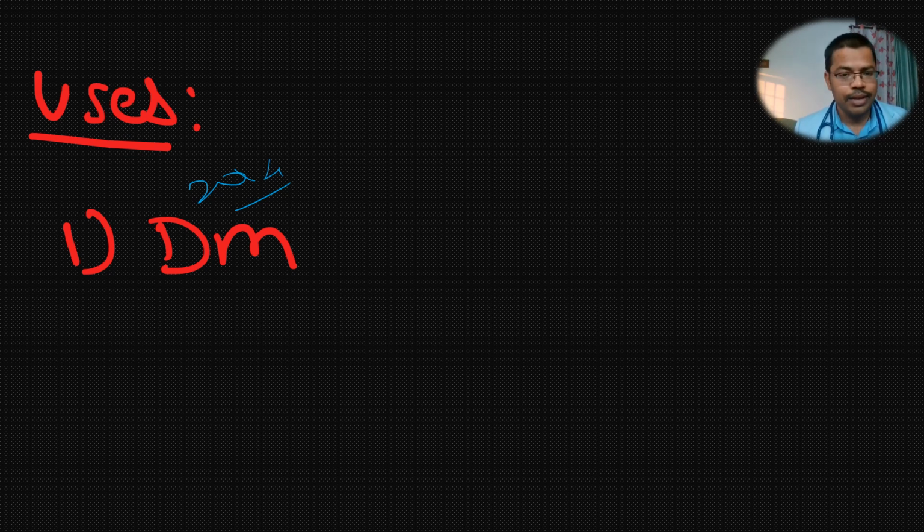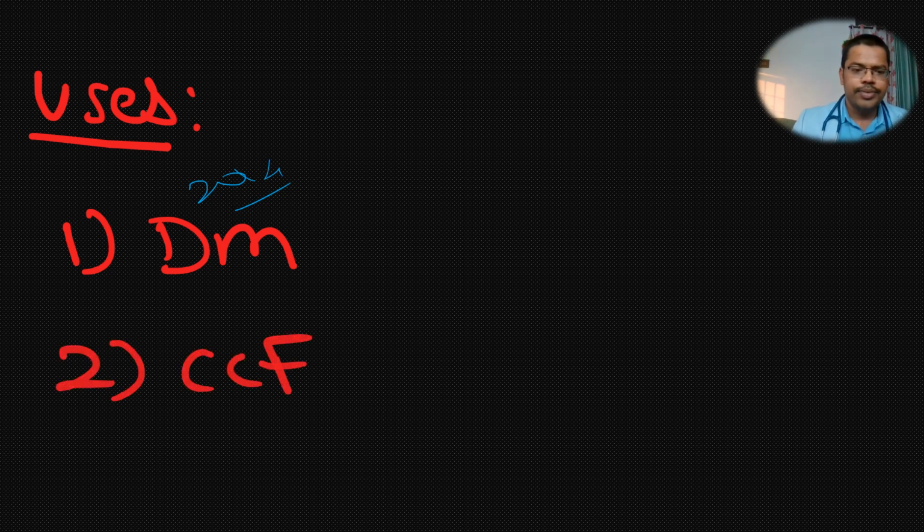But apart from that, through various other research work, they found it has many other roles. It has cardiac protection in congestive cardiac failure, with mortality and morbidity benefit in cardiac conditions.